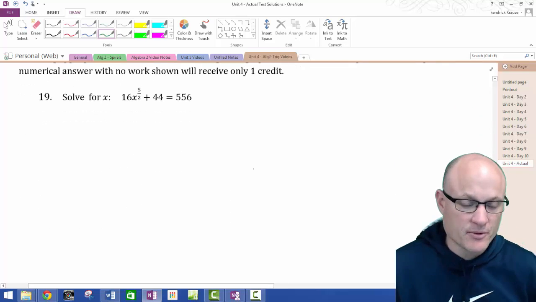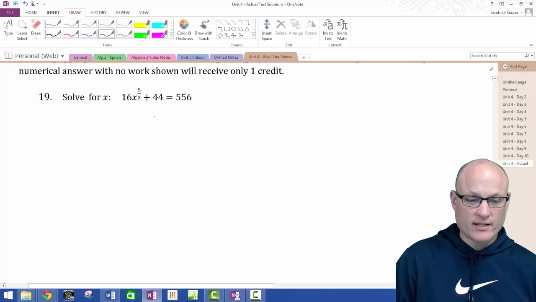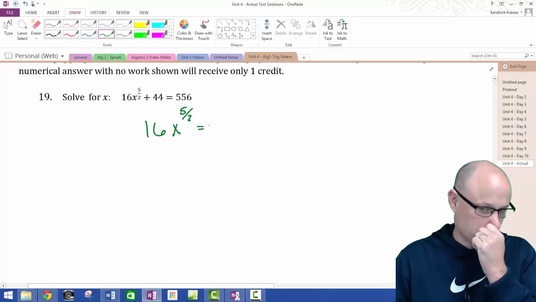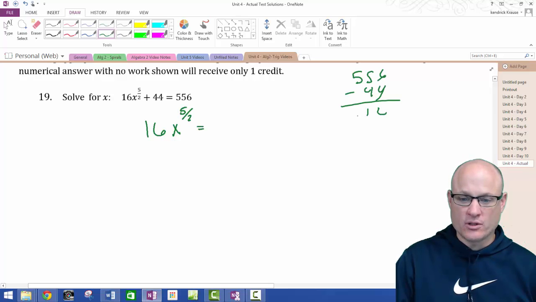This was probably the simplest problem on the whole page. All you had to do is subtract the 44, so I get 16x to the 5 halves equals, again, I don't have a calculator with me, 556 minus 44. So that's 512.